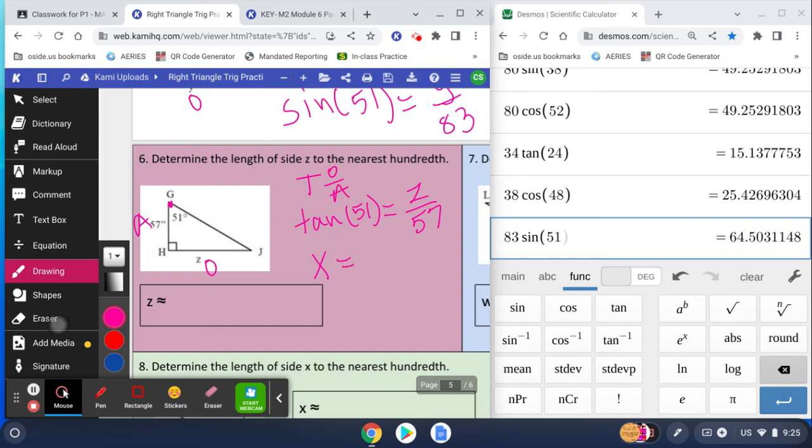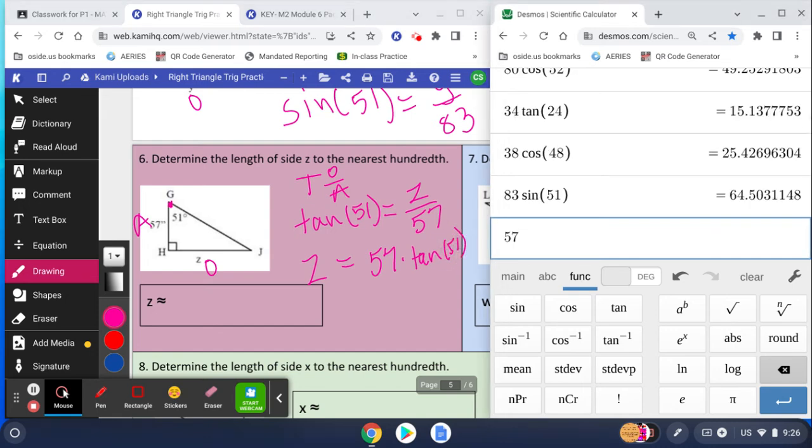What I'm actually plugging into the calculator this time, z is going to be equal to 57 times the tangent of 51. Okay, 70.39. And this is going to be inches.